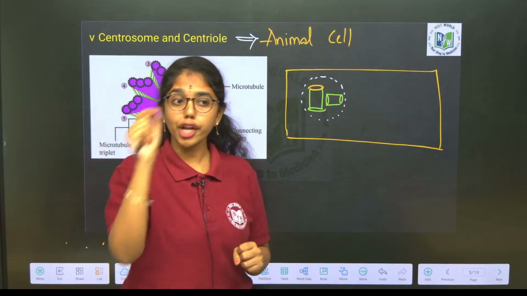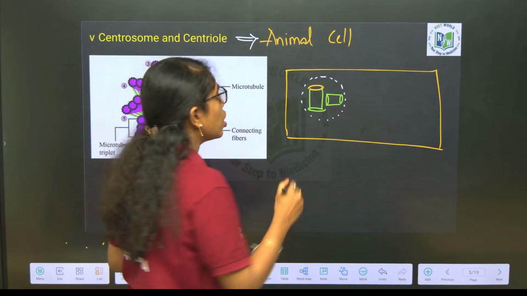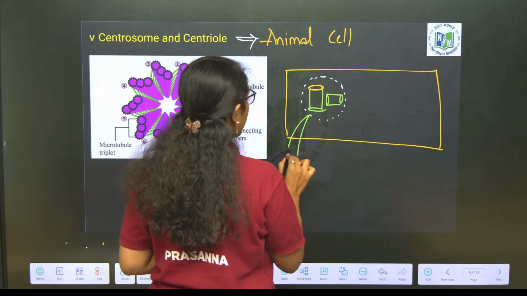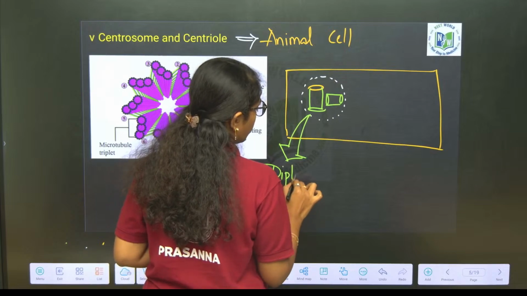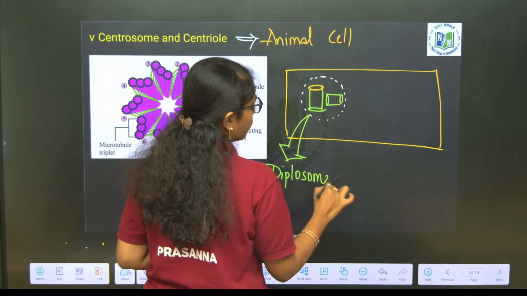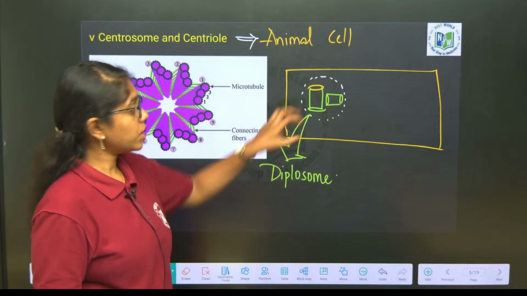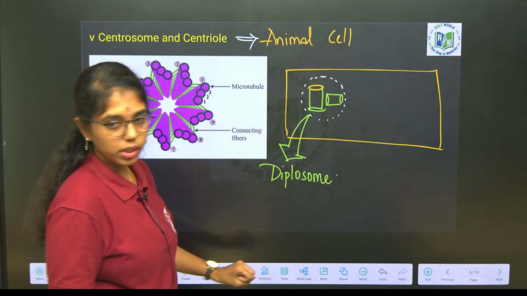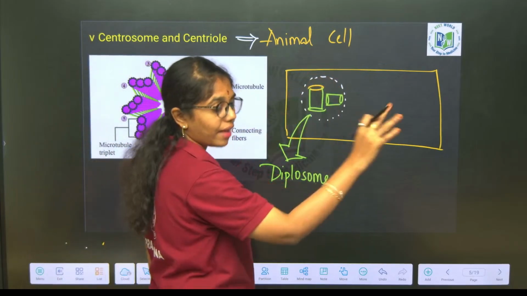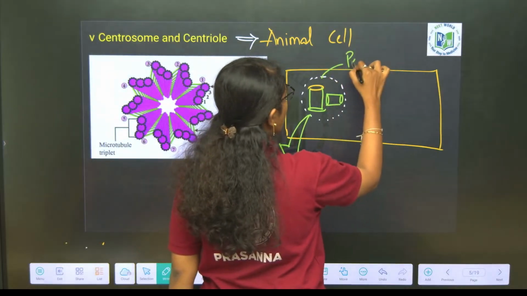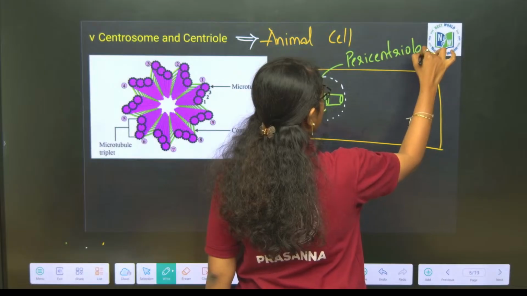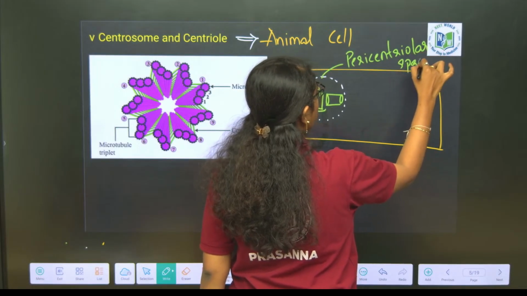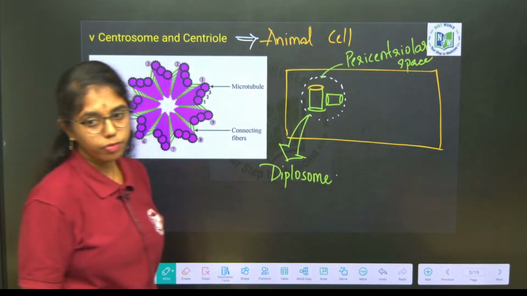As each centrosome has two centrioles, you can also call it a diplosome. Fine. So, each centrosome is having two centrioles, right? And the centrosome does not have any membrane, it is just having pericentriolar space. And what are these centrioles helpful for?